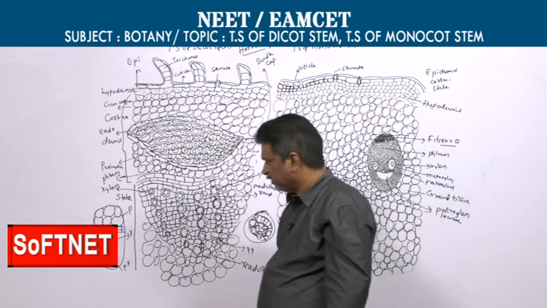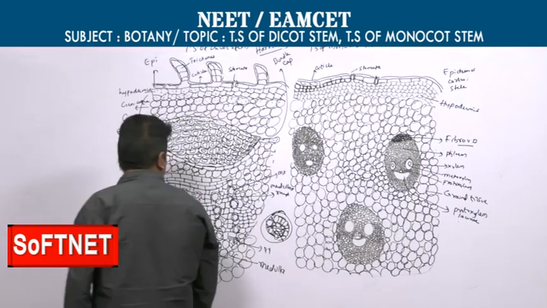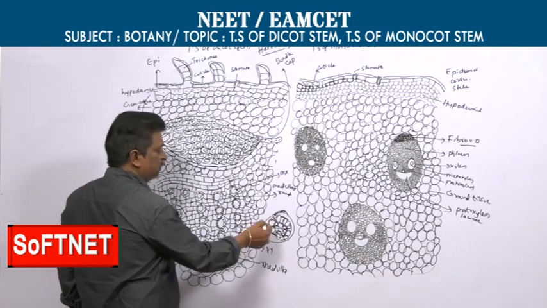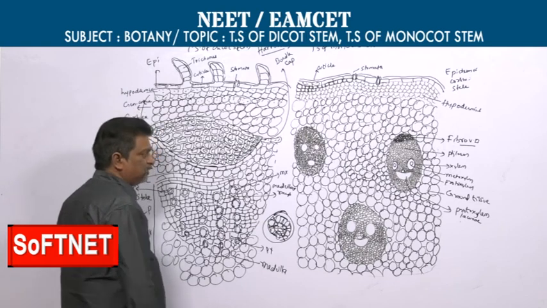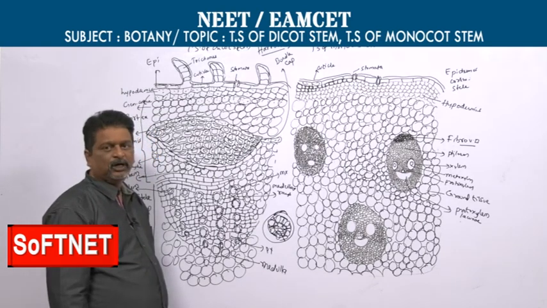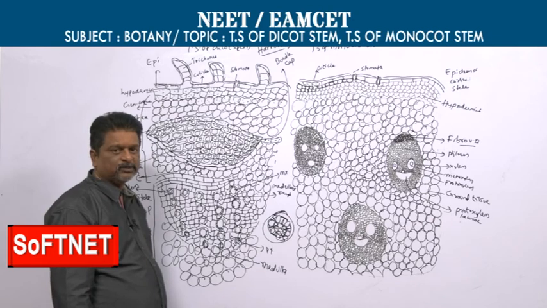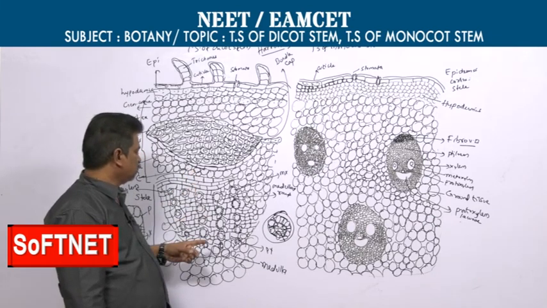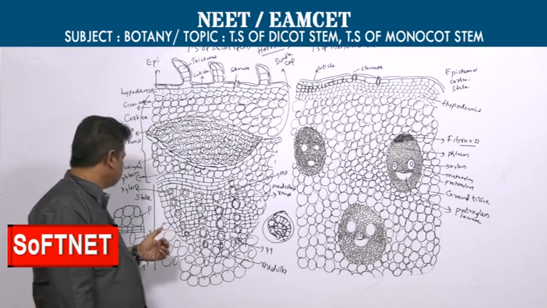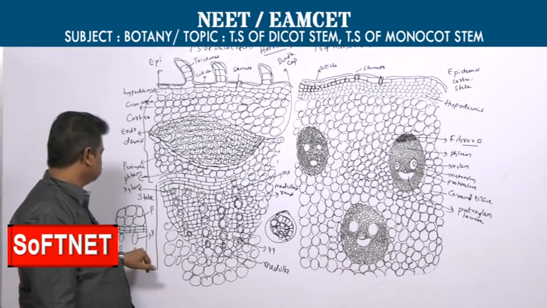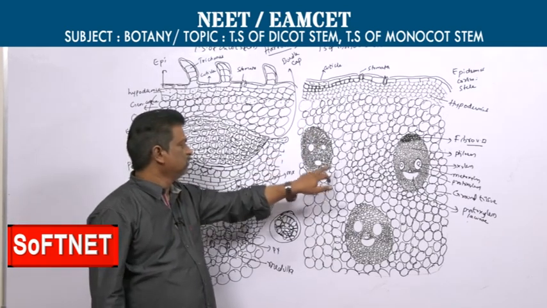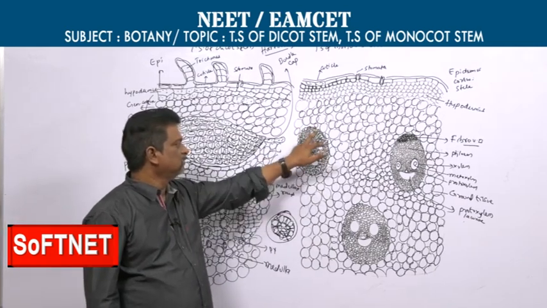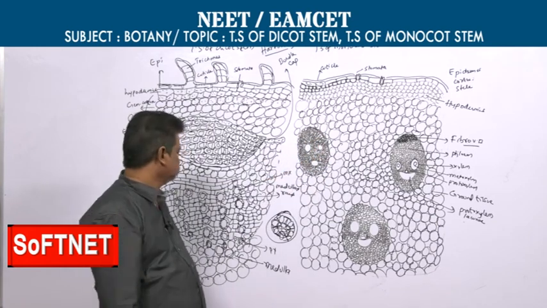Then, in dicot stem, the stele is eustele. Eustele means a ring of vascular bundles is present. In monocot stem, the stele is atactostele, with scattered vascular bundles. Then, in dicot stem, vascular bundles are generally wedge or top shaped. In monocot stem, vascular bundles are oval in outline.